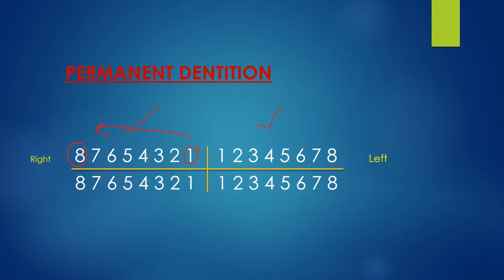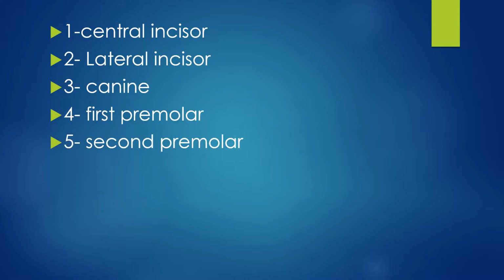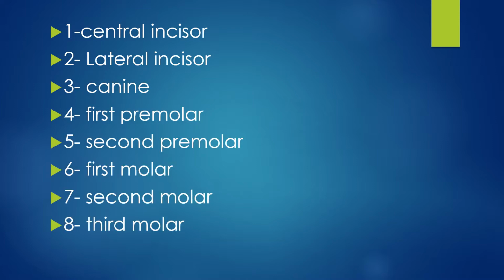Similarly, in the left upper quadrant, number 1 denotes left upper central incisor and number 8 denotes upper left third molar. Similarly, we can see in the lower arch also, number 1 denotes lower left central incisor and number 8 denotes lower left third molar. Similarly for the right lower quadrant. Again, this is for reference.